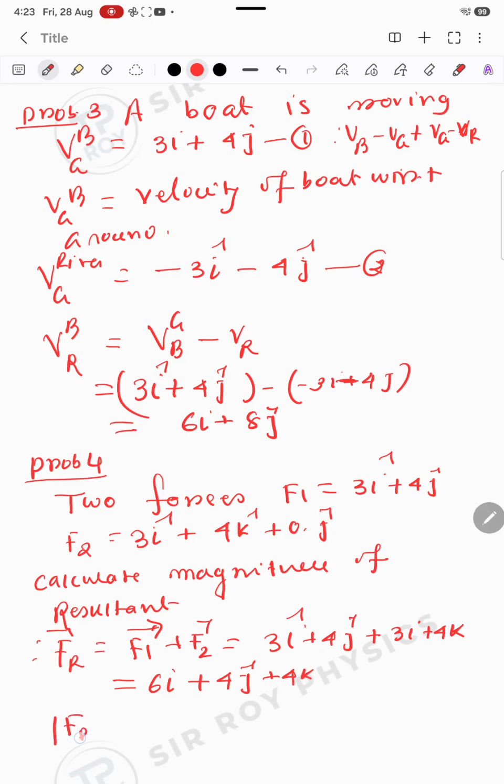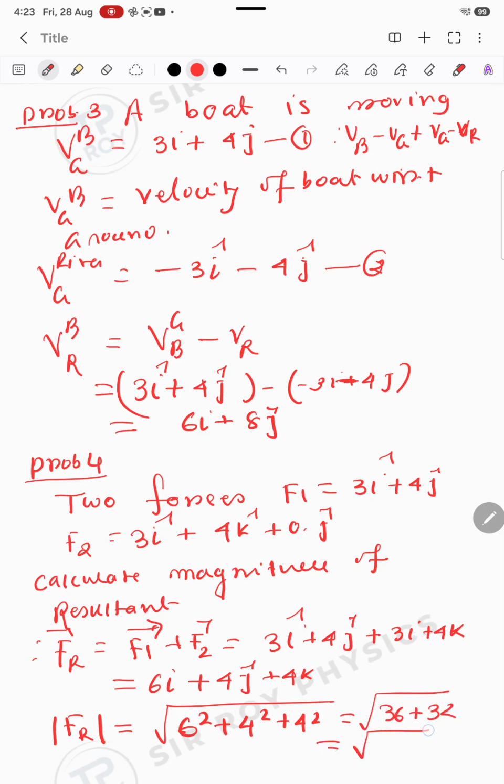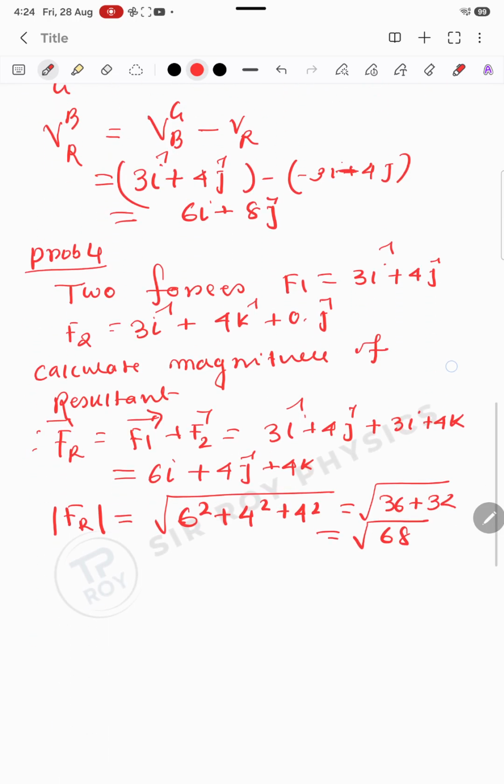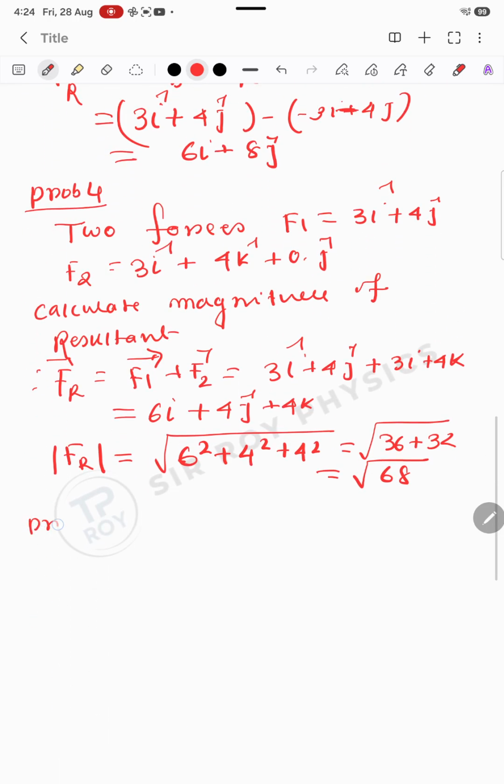Magnitude of resultant FR is root over 6 squared plus 4 squared plus 4 squared, 36 plus 32 equals 68. Whenever you are going to calculate the resultant, you take the addition of the given vectors, then find the resultant.